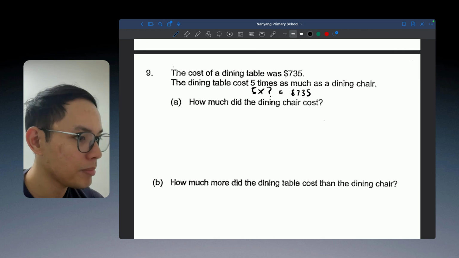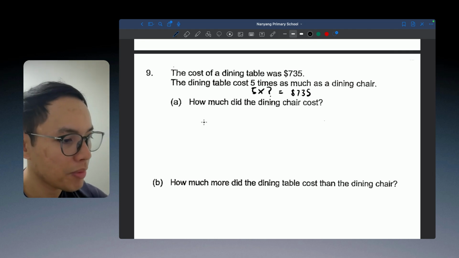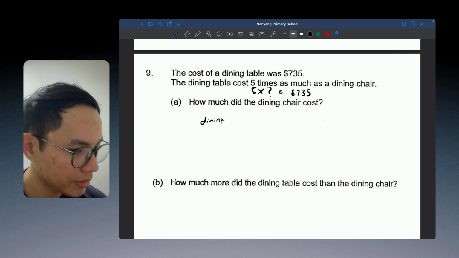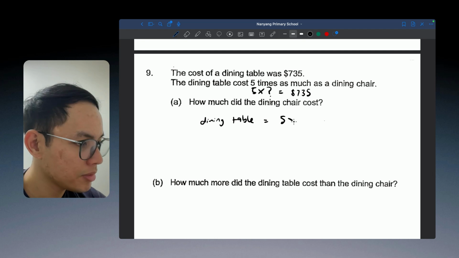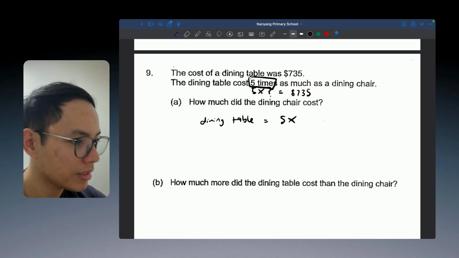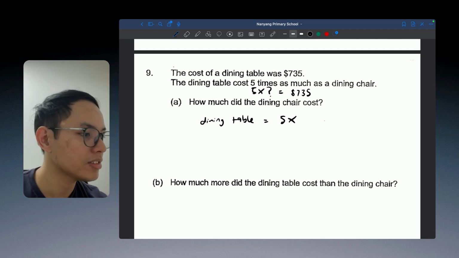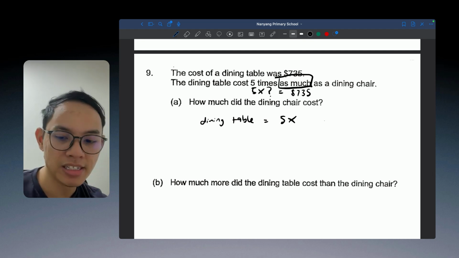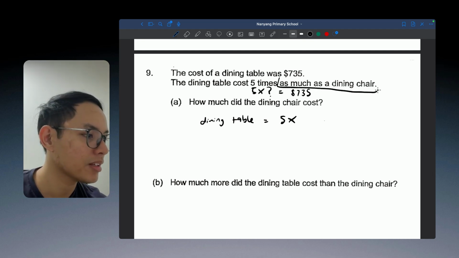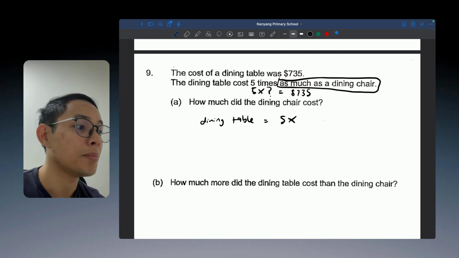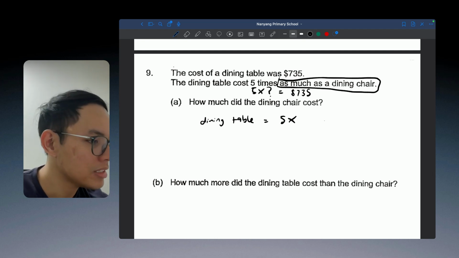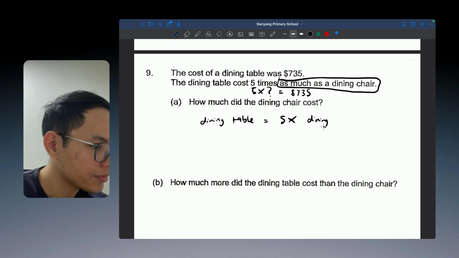Okay, so that means if I were to write the equation, dining table is equal to 5 times. As much as is essentially the price of the other thing, which is the dining chair.